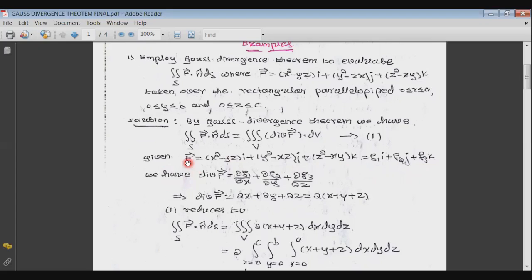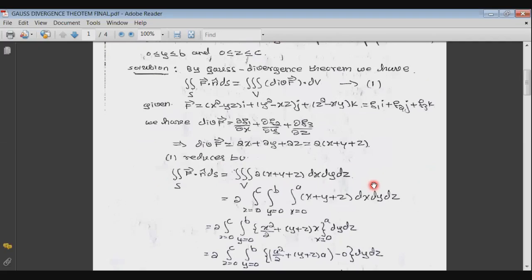For a given vector f bar of the form f1 i plus f2 j plus f3 k, the divergence of f bar is given by dou f1 with respect to x partially plus dou f2 with respect to y partially plus dou f3 with respect to z partially.